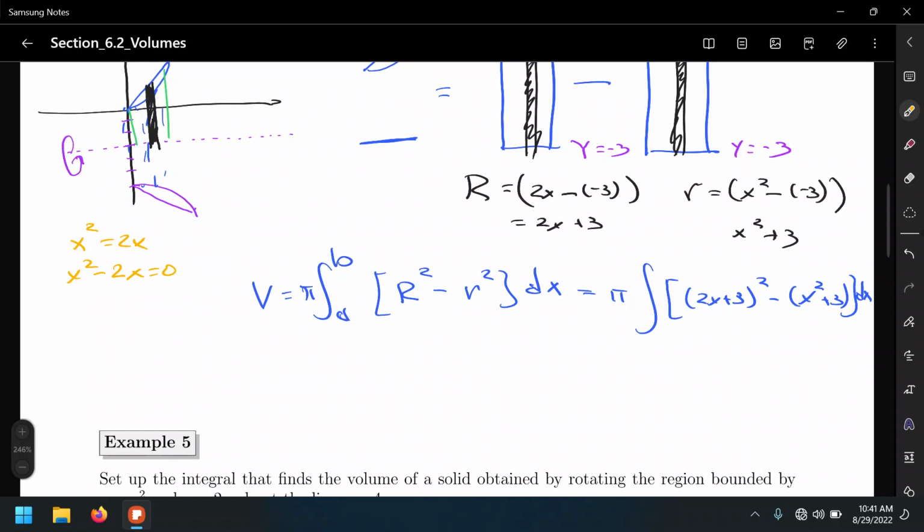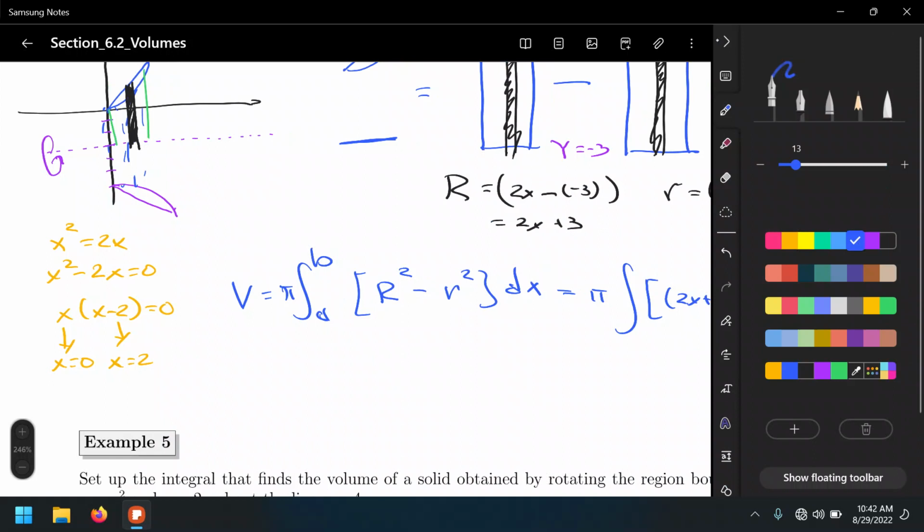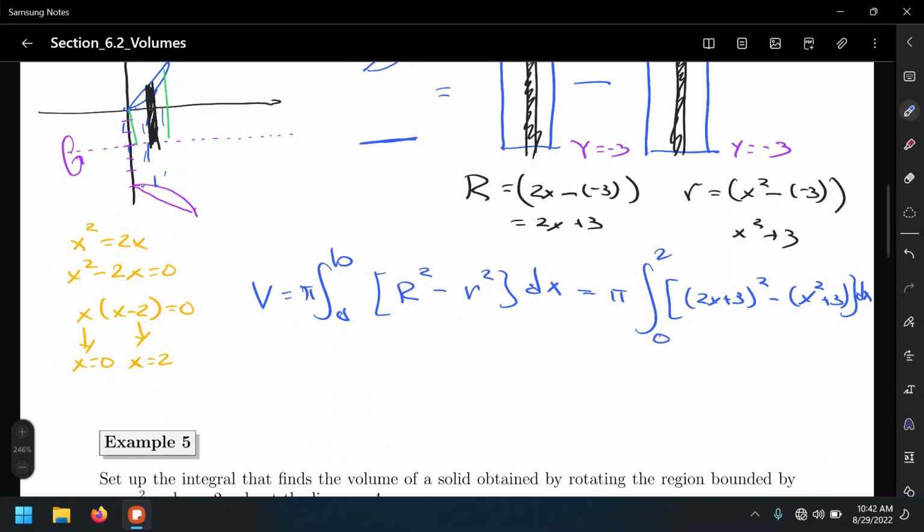So in this case, what is this? x times x minus 2, by the zero product property, x equals 0 and x equals 2. So the limits of integration are going to go from 0 to 2.